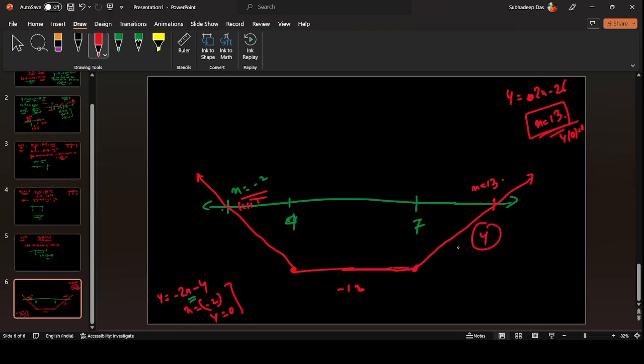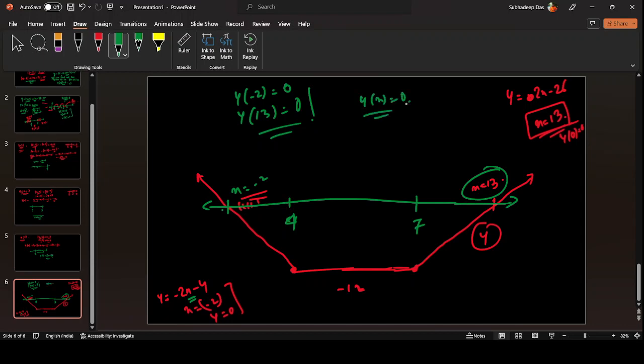So we draw the function y, and we can see that it cuts the x-axis at 2 points. That is, y(minus 2) equals 0 and y(13) equals 0. So we are getting 2 points for which y(x) equals 0, and these 2 points satisfy the given equation.